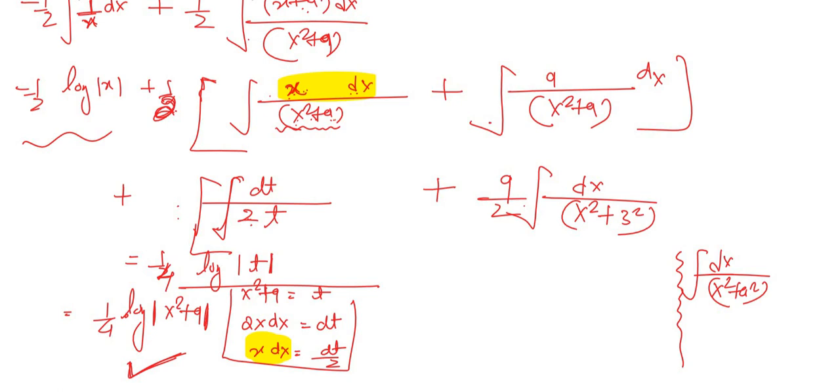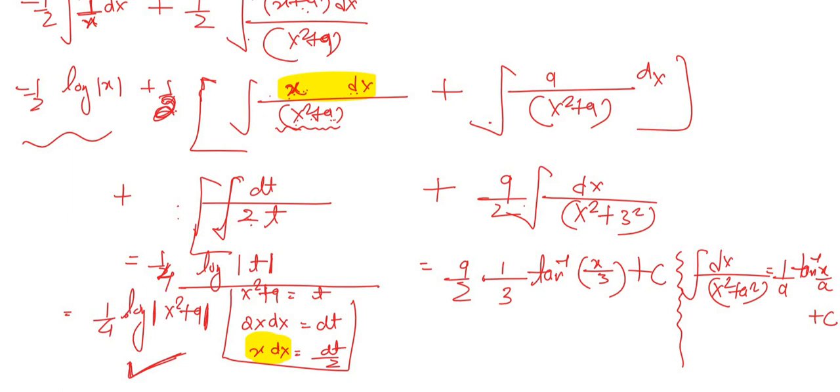What was the formula? It was 1 by a tan inverse x by a plus c. So I can use it here: 9 by 2, 1 by a is 1 by 3, tan inverse x by 3 plus c. So this is my answer.